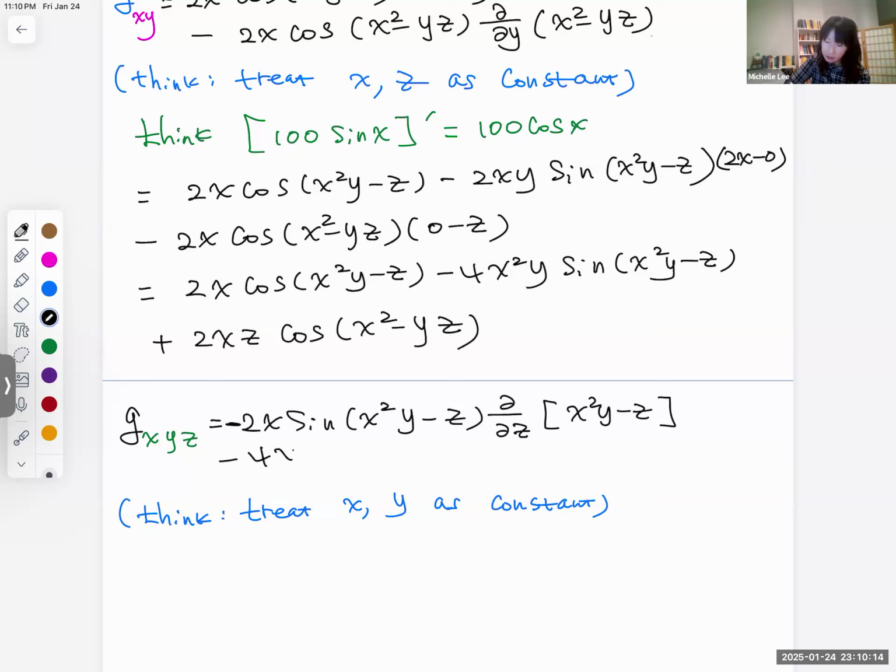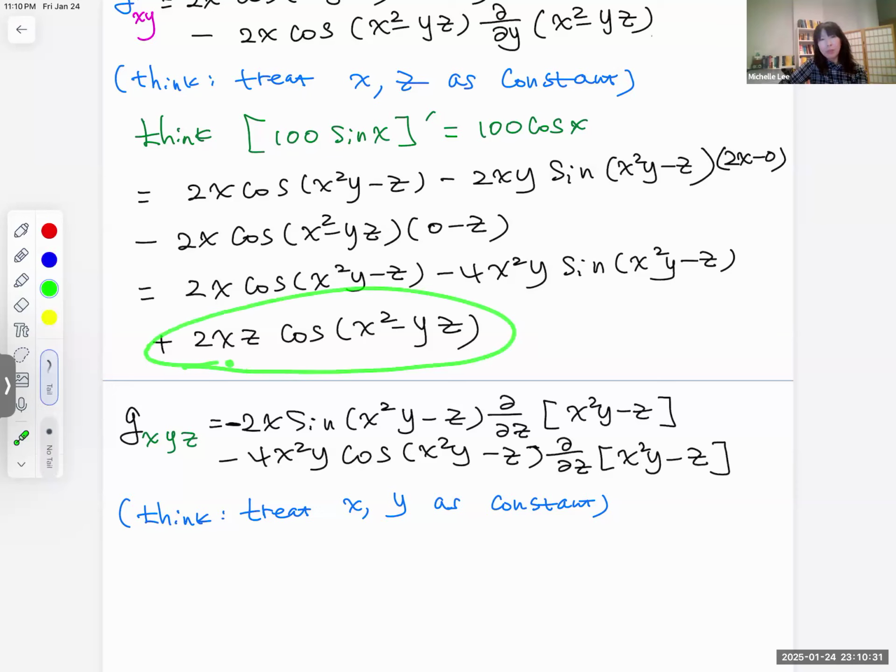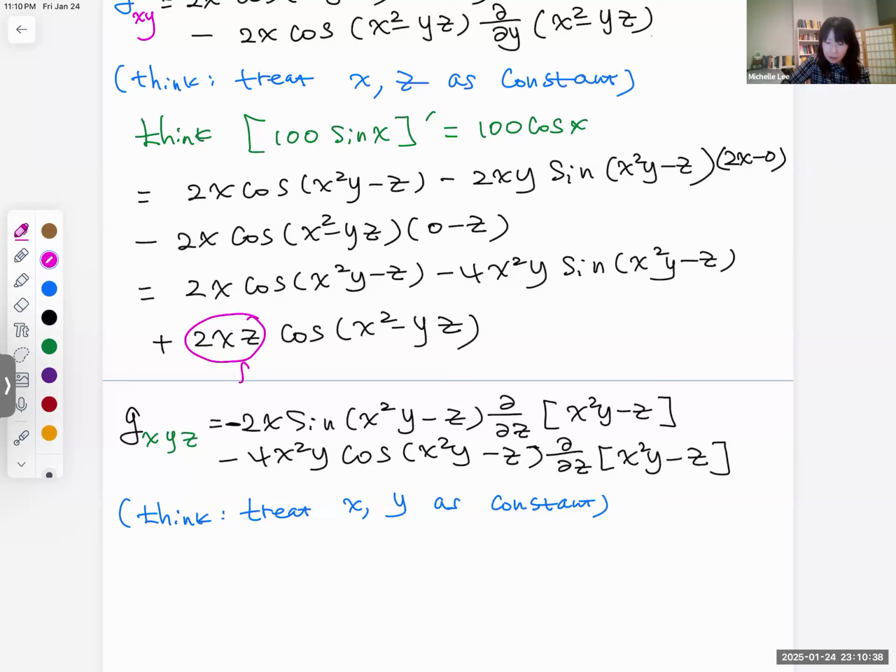Minus 4x²y cosine(x²y − z), and the derivative with respect to z of x²y − z again. All right. Third term, we have to use the product rule because we see the z there, right? So this is f, this is g. So f prime g plus f g prime, right?